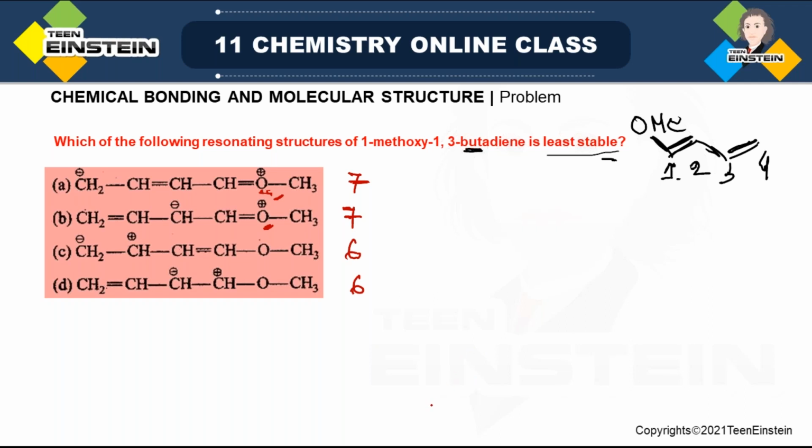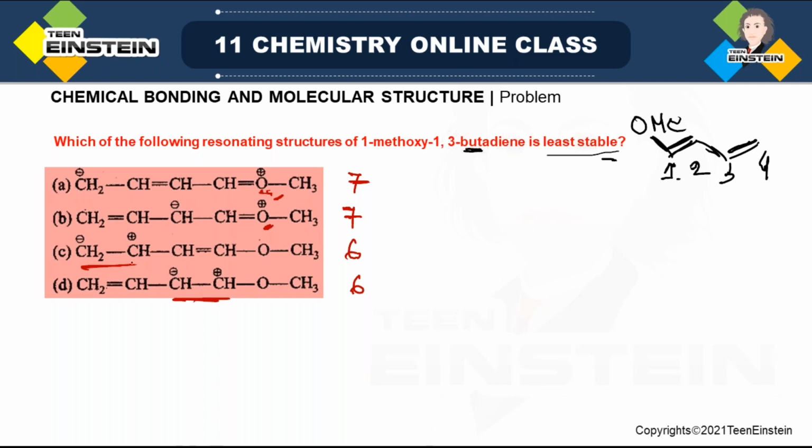Now come to C and D. How to choose between C and D? Which one is more unstable? Right? Now in structure C, there is 1 positive charge, 1 negative charge. In structure D also there is 1 positive charge, 1 negative charge. So you cannot do anything. There is a tie. Next point is, what is their distance? In D structure, they are present side by side. Here also they are present side by side. Now how to decide?